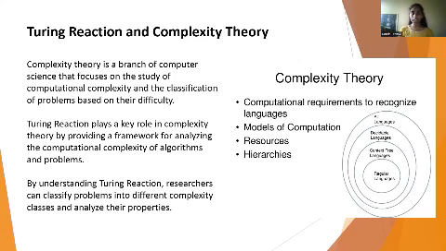Turing reaction plays a major role in complexity theory by providing a framework for analyzing the computational complexity of algorithms and problems. By understanding Turing reaction, researchers can classify problems into different complexity classes and analyze their properties.